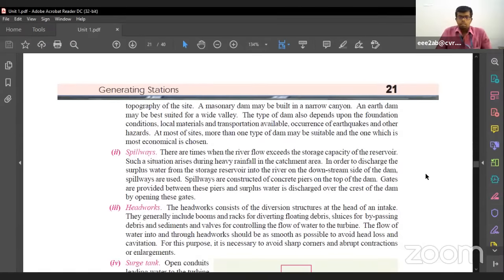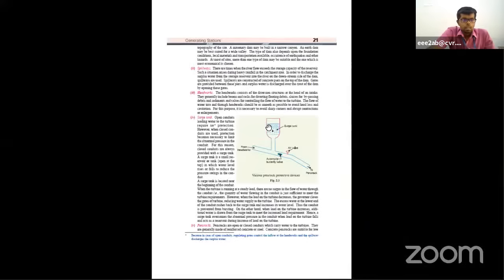We have seen, and I have shown some pictures also, of the spillways and also the headworks.